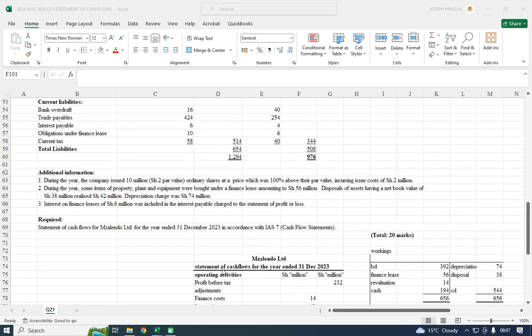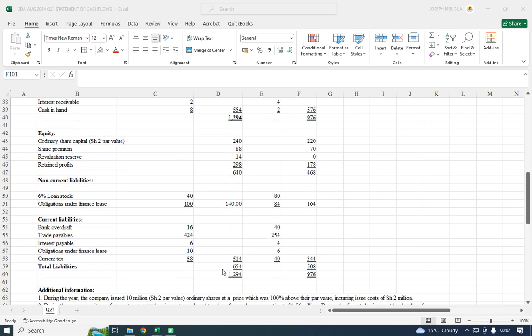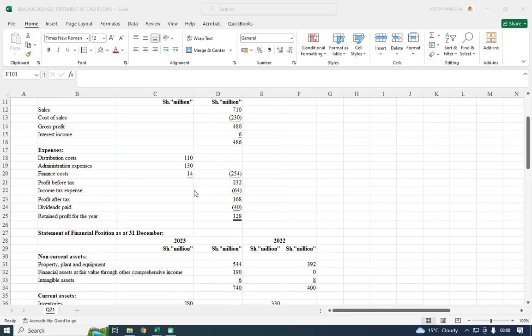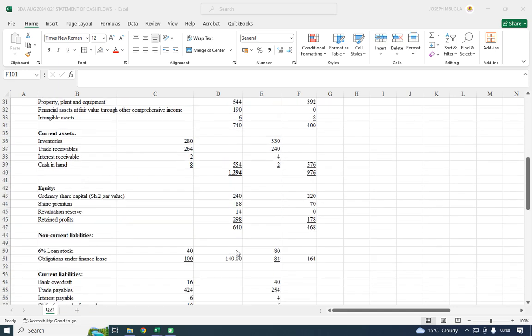Then we are done with the ordinary share premium revaluation. We find that we paid dividend, and in this case we don't have any proposed dividend. We had the dividend of 40 that was paid, and the retained profit for the year was 28.